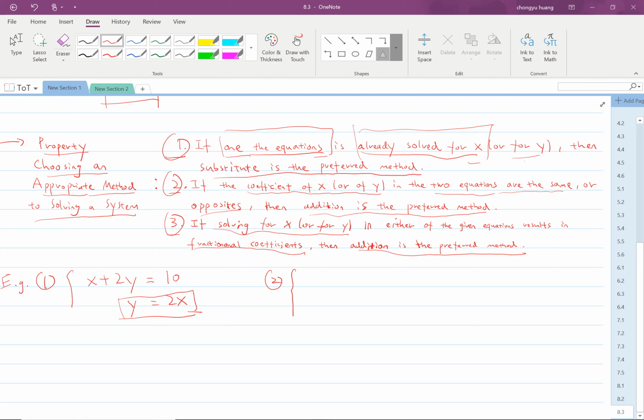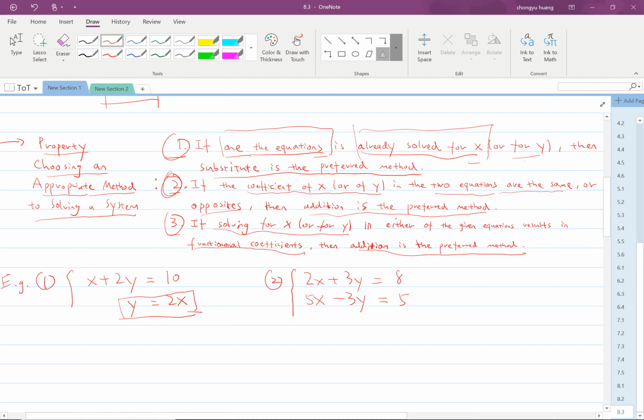Whenever the addition method is the preferred method, the equations look something like 2x plus 3y is equal to 8, and on the other side, something like 5x minus 3y is equal to 5. So that's basically the meaning of the second one.